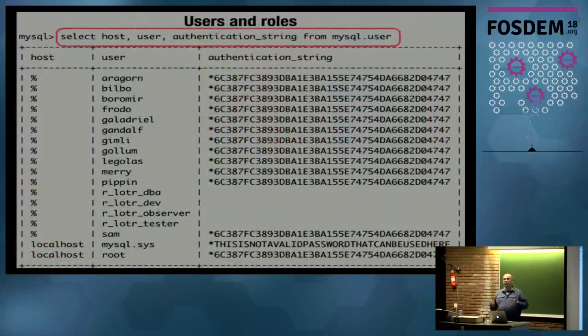How do they look? If we look at the user table, you see that basically they look like users. The only thing is that they don't have a password because we created the role using create role instead of create user. And that's it. So you can see that the roles start with R underscore.